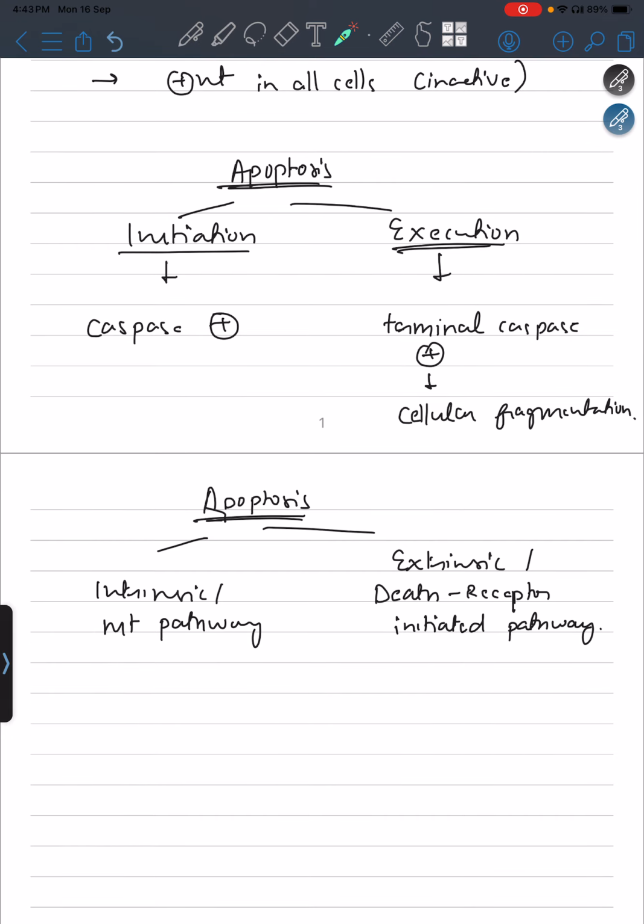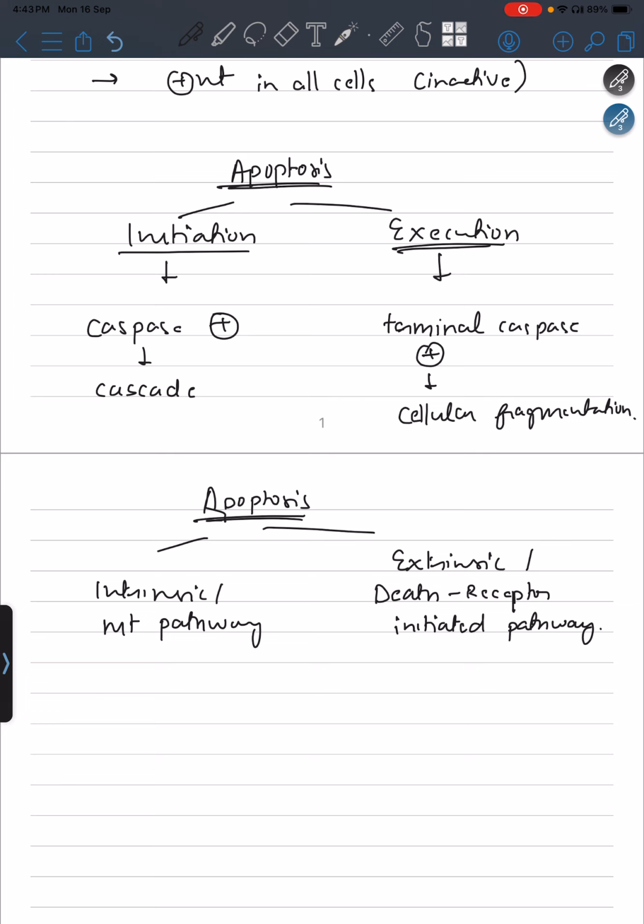Now, apoptosis includes two phases. First is the initiation phase, where the caspases are stimulated and a cascade of reactions occurs, where the initiator caspase activates other caspases as well.